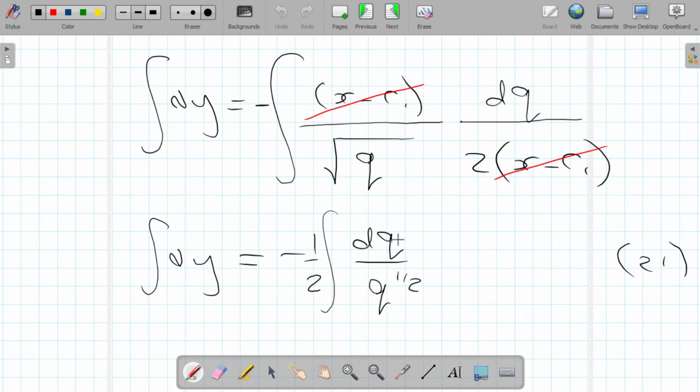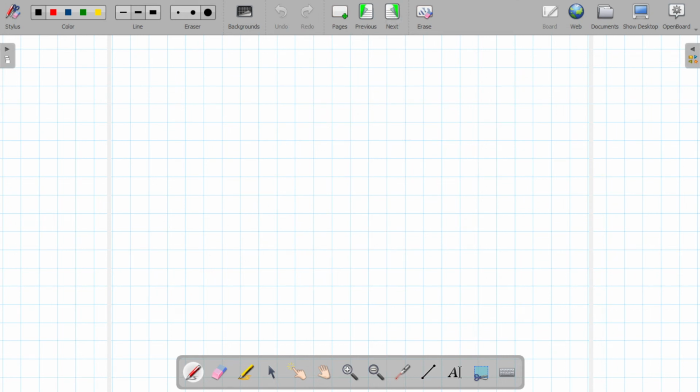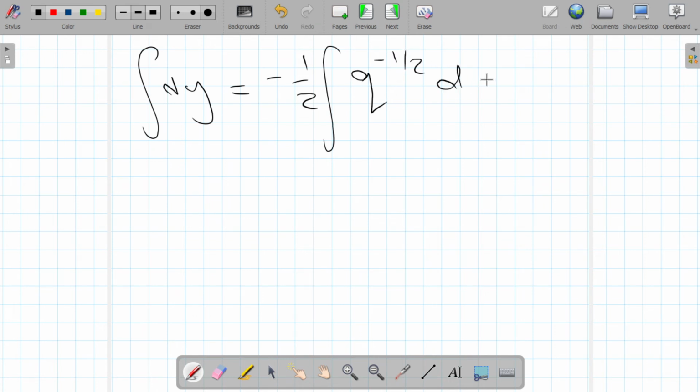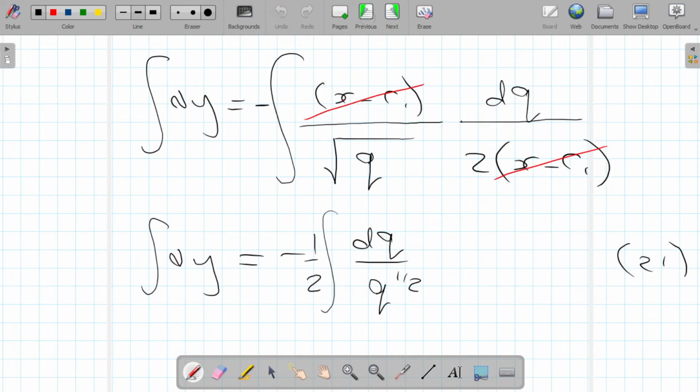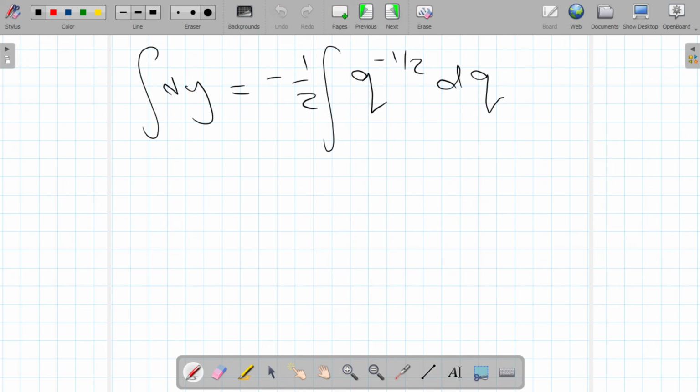But this equation 21, first of all, before we integrate, can be written as dy equals minus a half of the integral q to the minus a half dq. That's the mistake I was making before. I was forgetting to put the equation into that form. So now we've got equation 22. Right. So we're on track again. So you should recognise, as I said before, that's quite elementary to integrate and solve. So we can go ahead and do that.